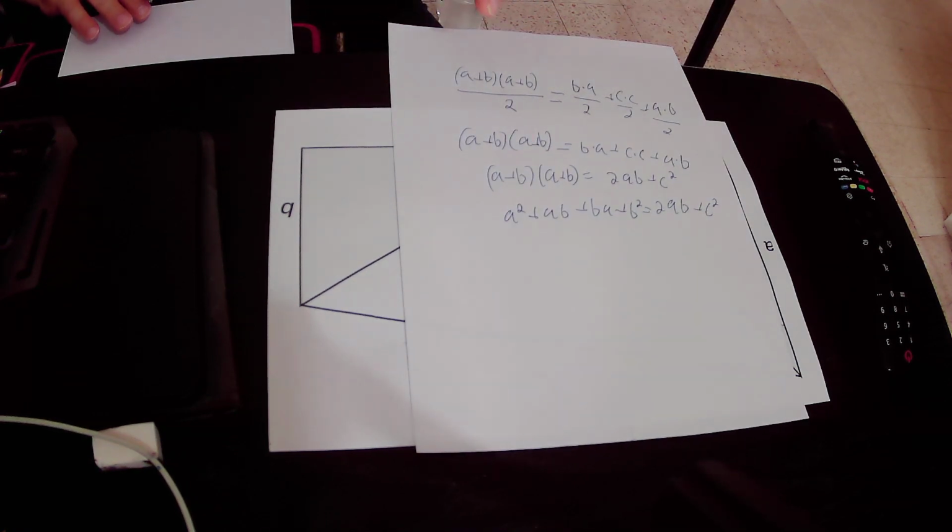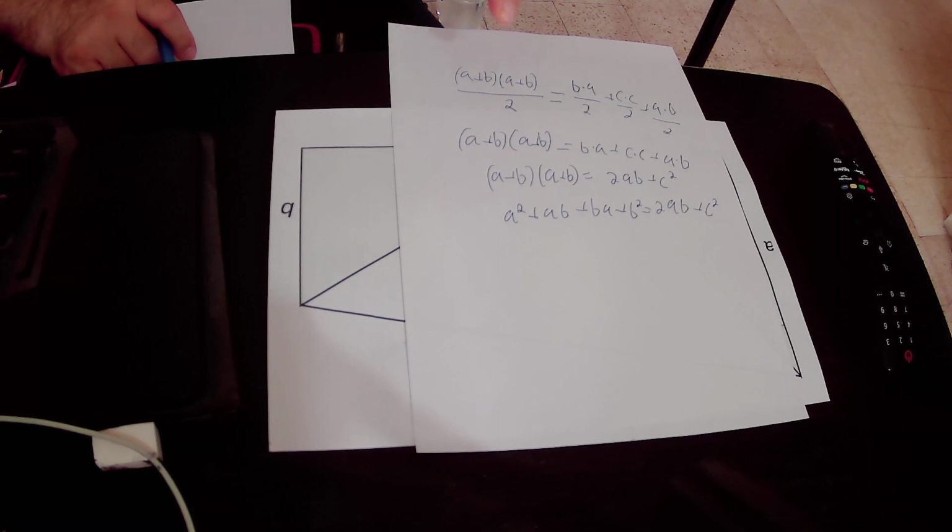After we open the brackets, we get that a times a is a squared, a times b is ab, b times a is ba, and b times b is b squared. The right side is not changed. It is 2ab plus c squared. And we know that ab plus ba is 2ab.